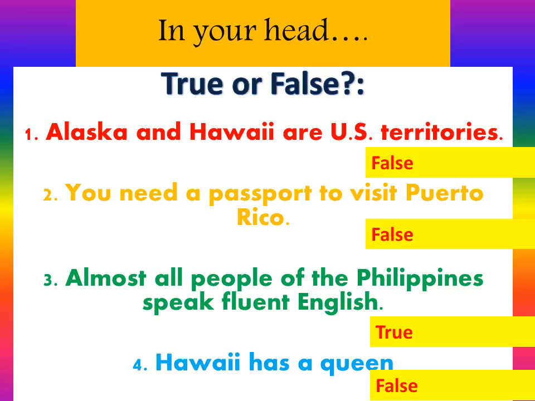They formed a coup and overthrew her. If you've heard of Sanford Dole, or if you know the Dole Orange Juice Company or the Dole Pineapple Company, that is named after Sanford Dole, who in the 1890s led the overthrow of Queen Liliuokalani in Hawaii.